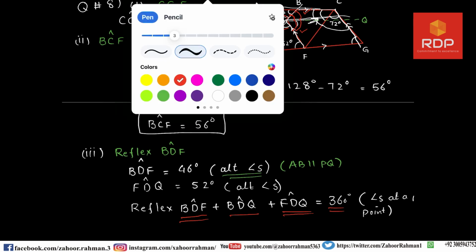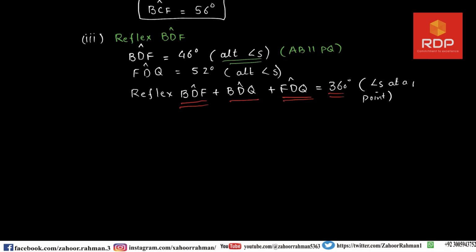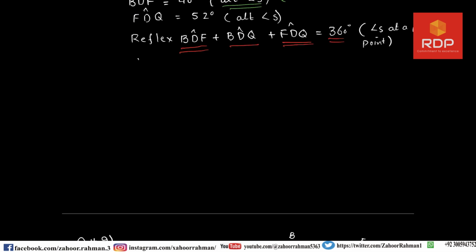Now we are going to write reflex of BDF plus BDQ, which we found to be 46, and FDQ we found to be 52 degrees, and 360 degrees is coming in its place.